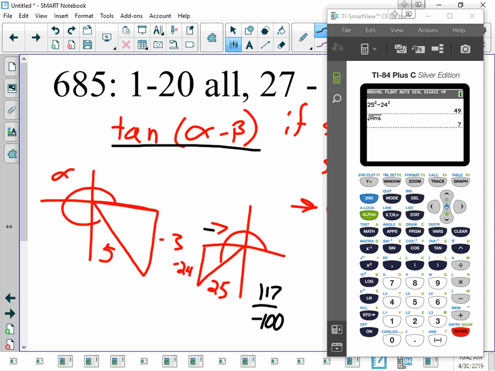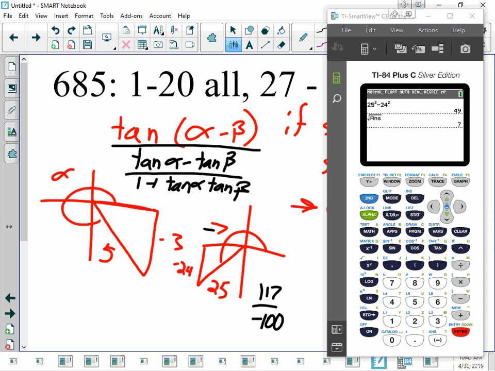The other way is to use the tangent formula, which says tangent alpha minus tangent beta over 1 plus tangent alpha tangent beta. Did I do that right? We're using the subtraction formula, so we need to use the subtraction on top and the addition on bottom.